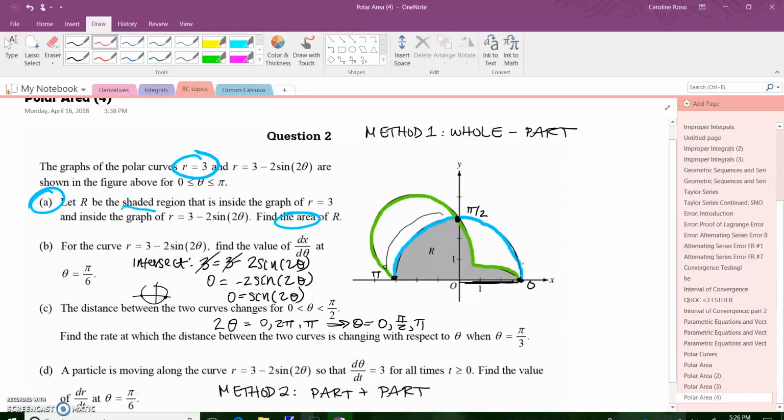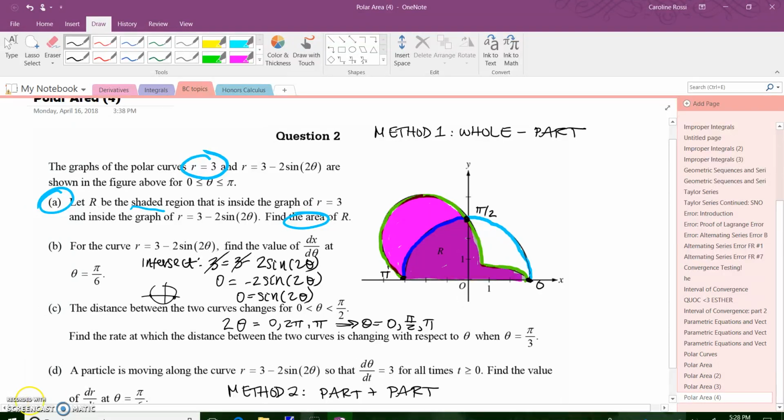This is region R. What if I look at my green curve here, and what if I find this whole entire area of the green curve, so the whole area that the green curve sweeps out, and then what if I omit this area right here, which is an area between two curves? Let's try that way.